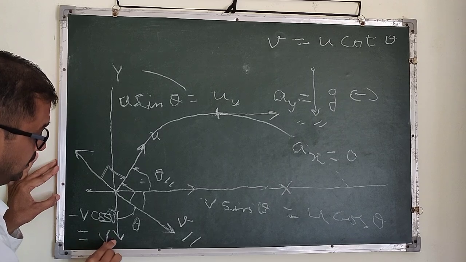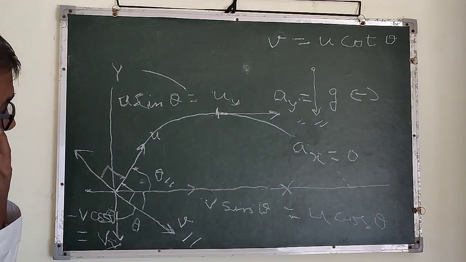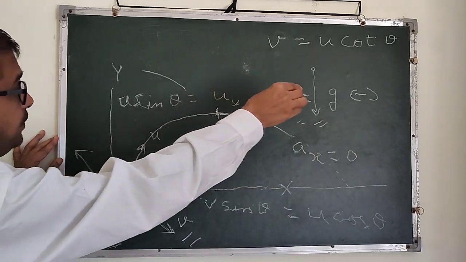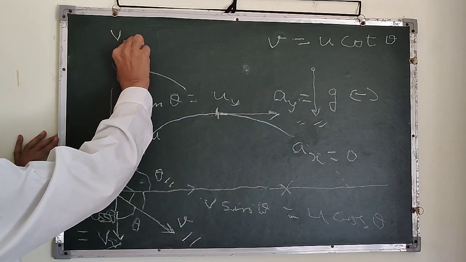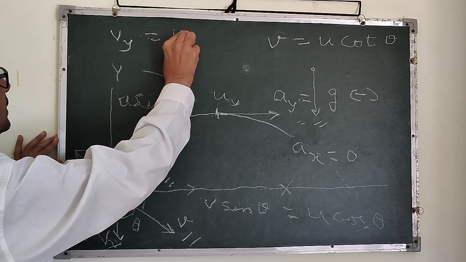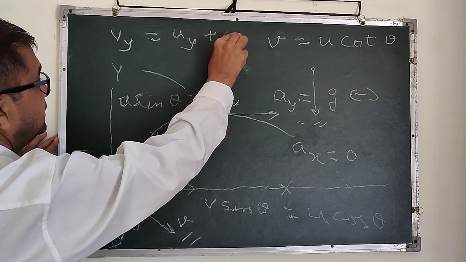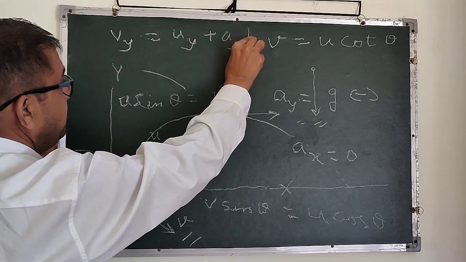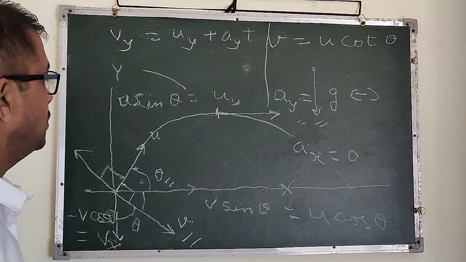As we know, in the y direction the acceleration is constant. Therefore vy equals uy plus ay into t. Simple first equation of kinematics when acceleration is constant.